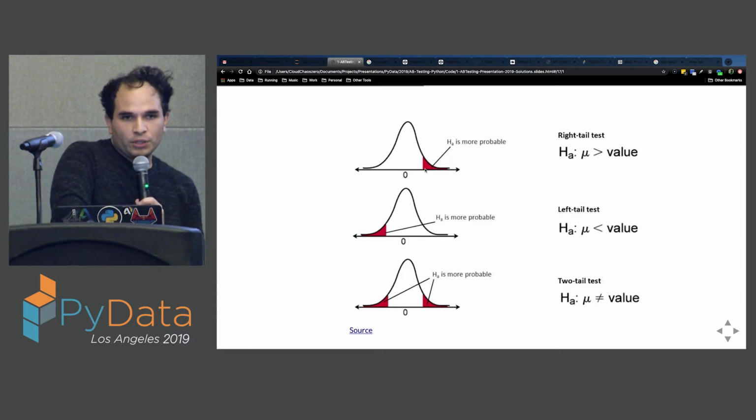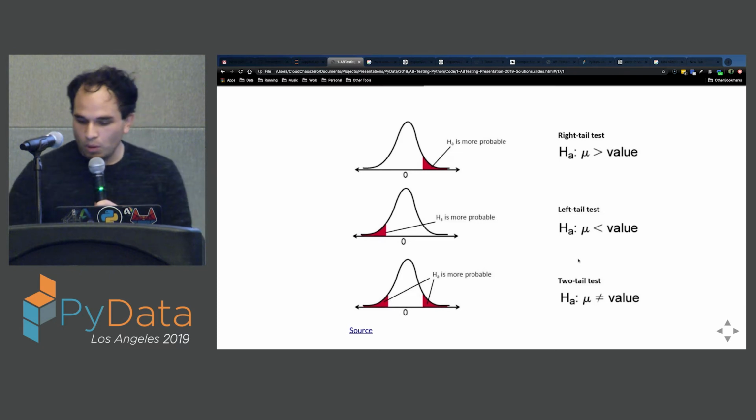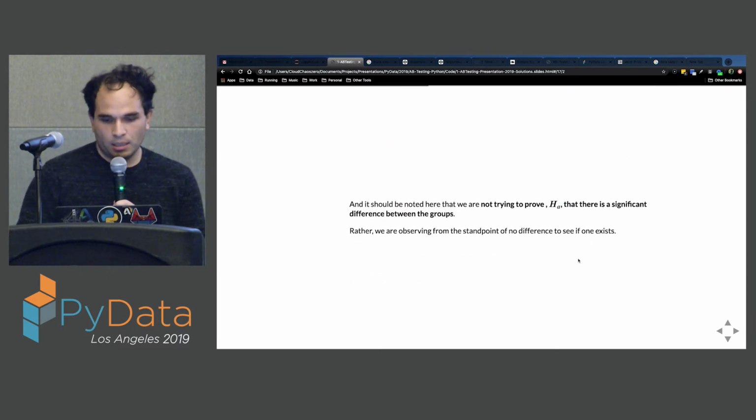And there's another visualization that will depict what the alpha value would look like. But these are the 3 different choices for your alternative hypothesis within your statement of your hypothesis. And again, this just depends on the question that you would want to ask.